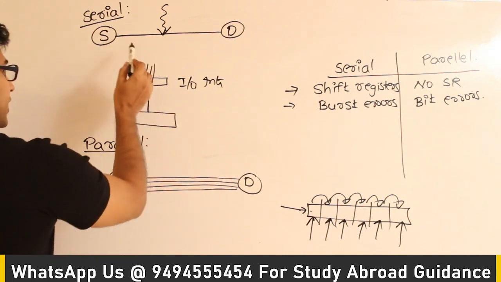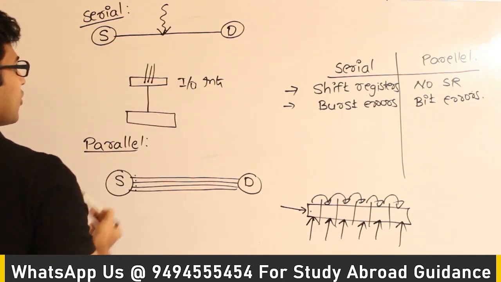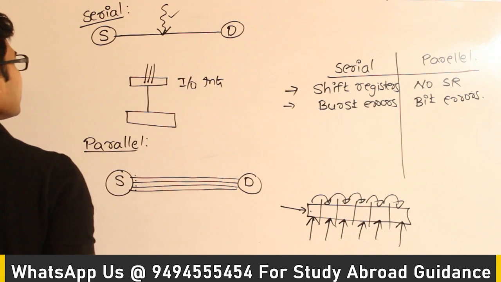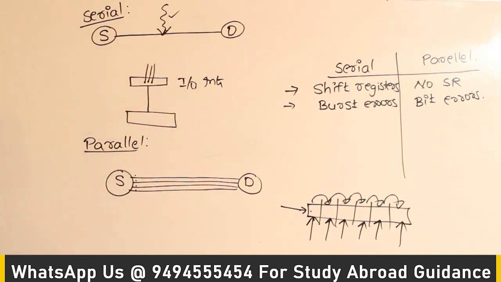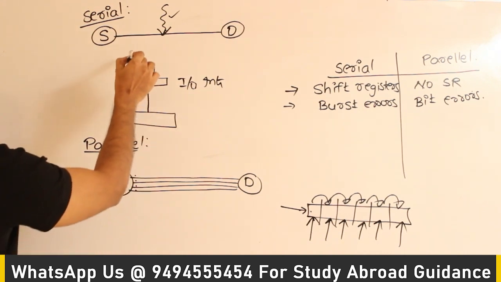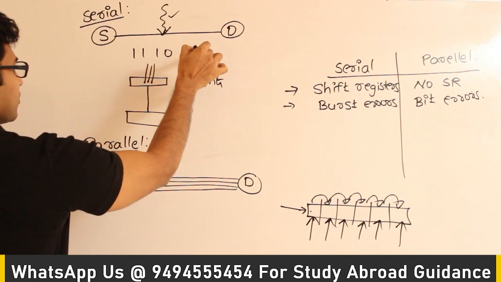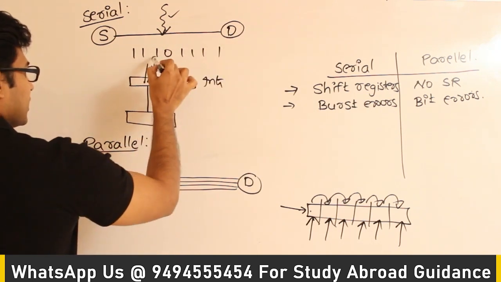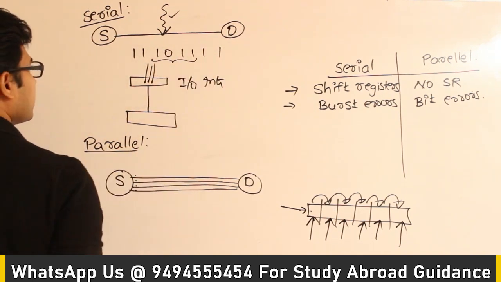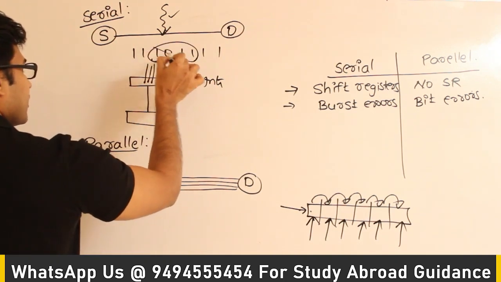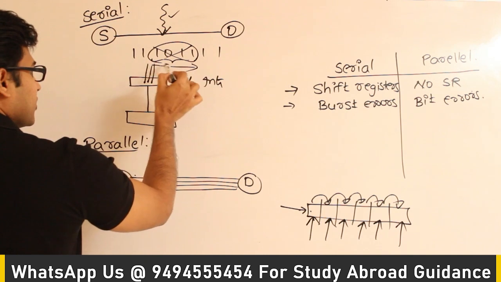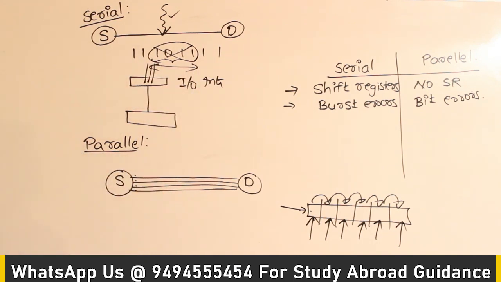Then for however long this disturbance lasts, whatever bits you have sent throughout that time are all going to be corrupted. Therefore, if you are sending data like 11101111, and during the time this part is on the wire there is some external disturbance, then this entire data will be lost. That means there will be burst kind of errors.